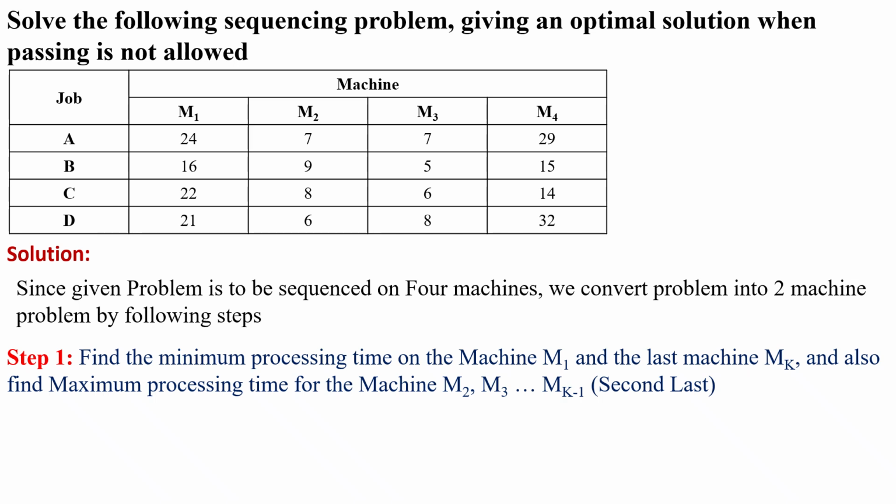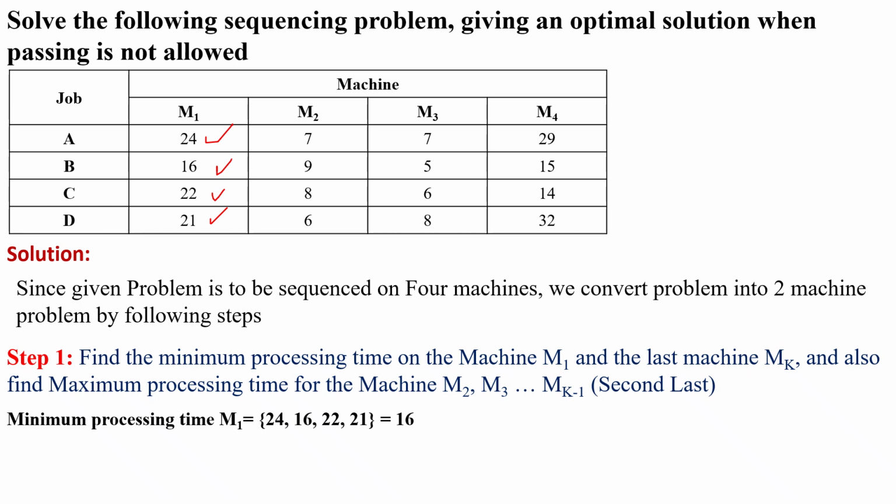So first we have to determine the minimum processing time for the first mission, that is the M1 mission. In the M1 mission, processing times are 21, 16, 22 and 21. Among these processing times, the minimum processing time is 16.